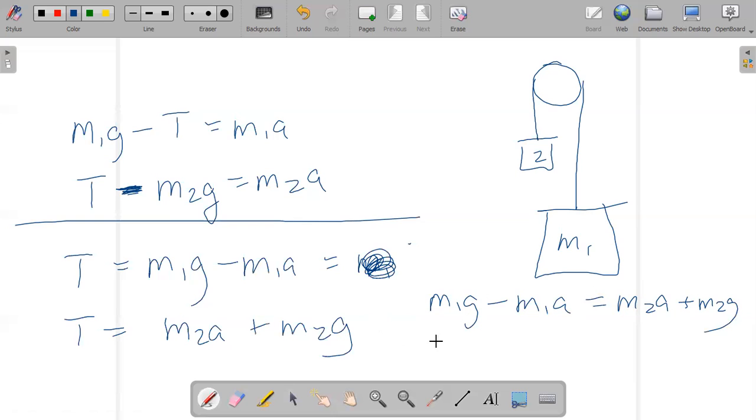All right. M1G minus M2G equals M2A plus M1A. I just rearranged it and got my G terms on one side and my A terms on one side. Did I do that right? Let's see.